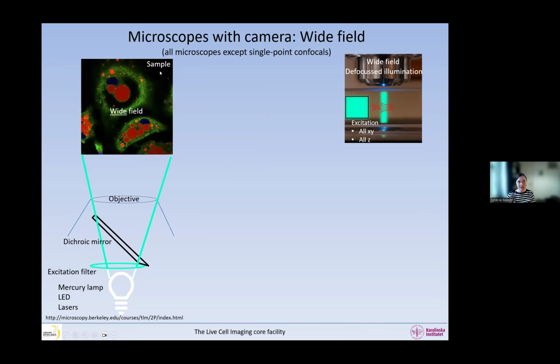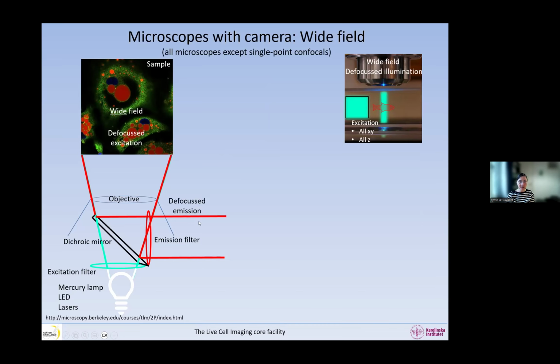So now our sample is excited, and it starts fluorescing, and the red fluorophore, for example, the emitted light is coming back and reaches the dichroic mirror, which in this case reflects the emitted light. And then we have an emission filter in here.